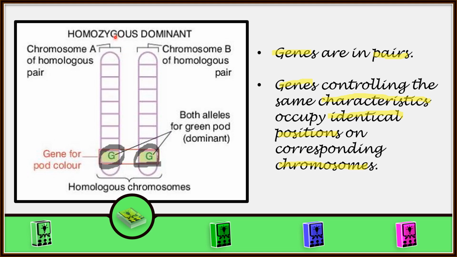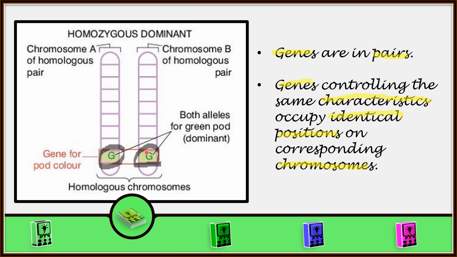This is a chromosome that is coming from the mother, and this is a chromosome that is coming from the father. But the gene that controls the pod color is located at this place. Even the other one will also be located at the corresponding place.